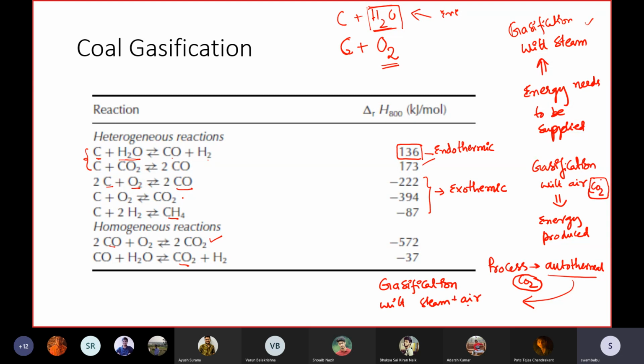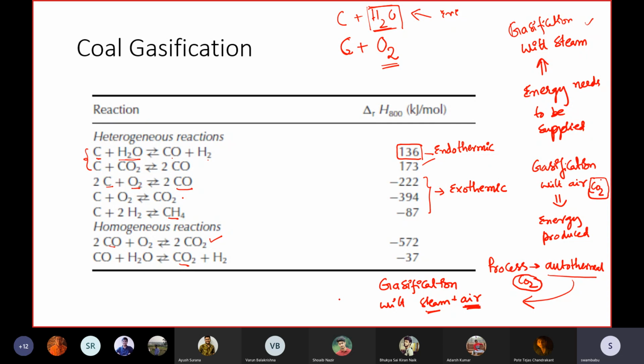Whatever energy is released in the gasification with air will be utilized for the gasification with the steam. That way we can minimize the CO2 formation and we can get high quality syngas.